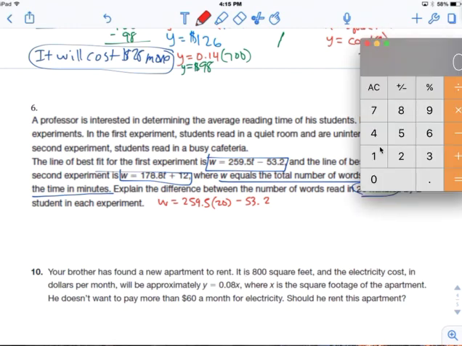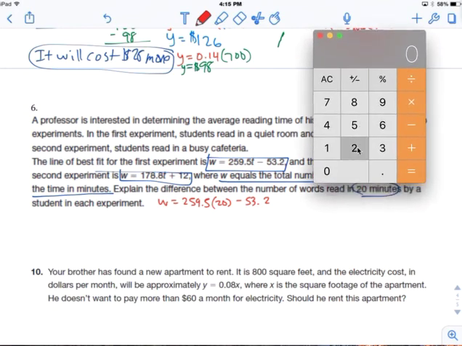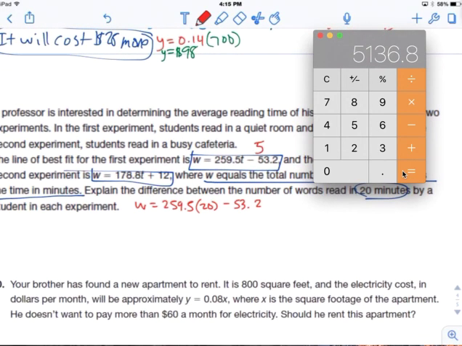Let's do that. 259.5 times 20 minus 53.2 equals 5136.8. How about the other one?